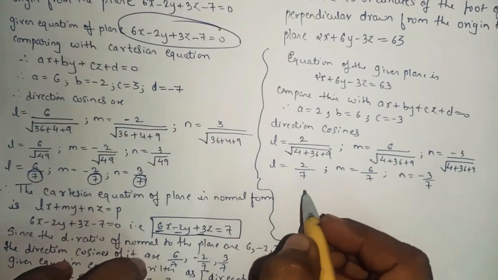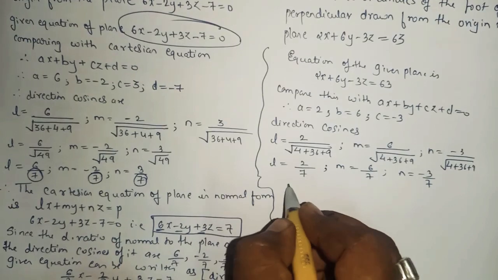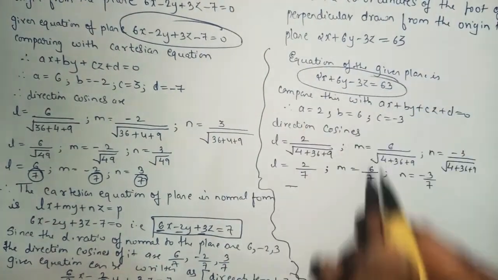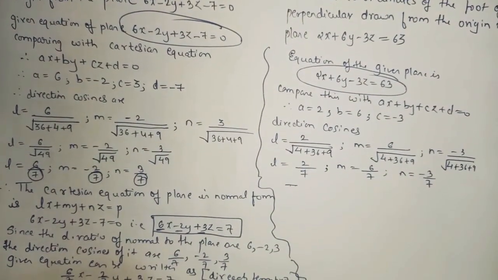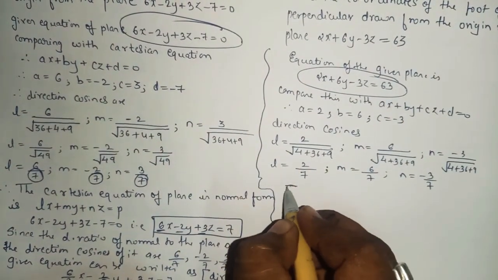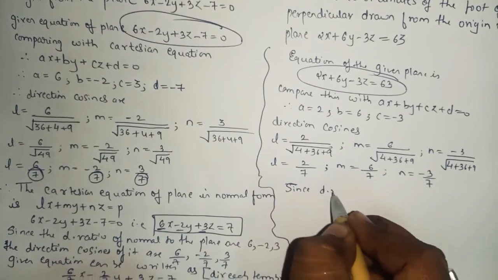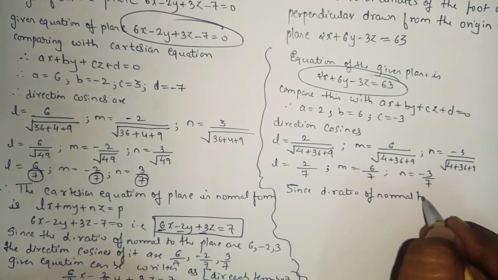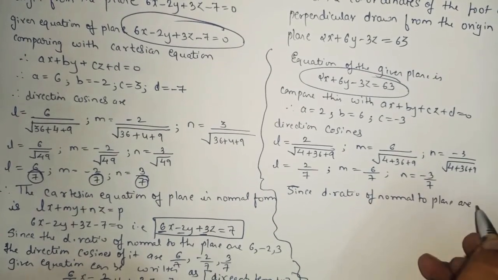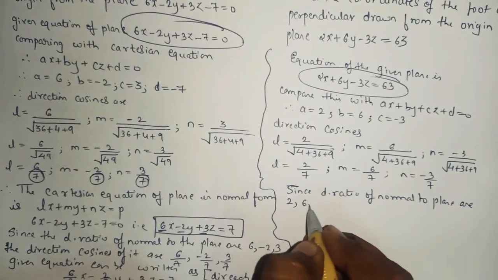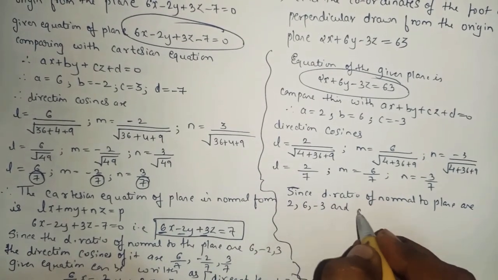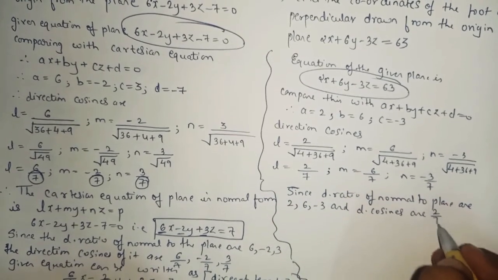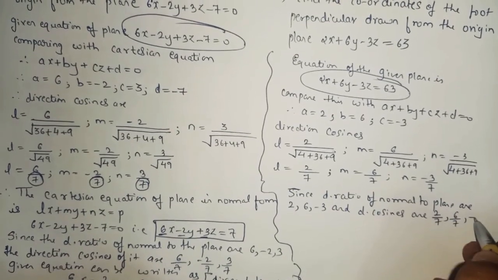So simply what you will do, we have the equation. Yes or no? So here we'll write, since direction ratio of normal to plane are 2 comma 6 comma minus 3 and direction cosine are 2 upon 7, 6 upon 7 and minus 3 upon 7.